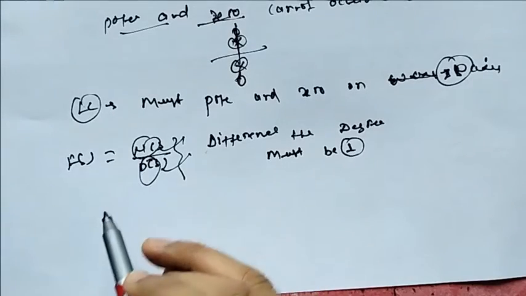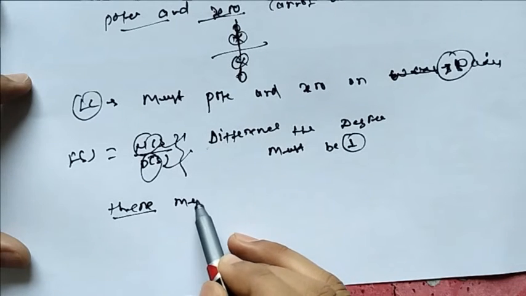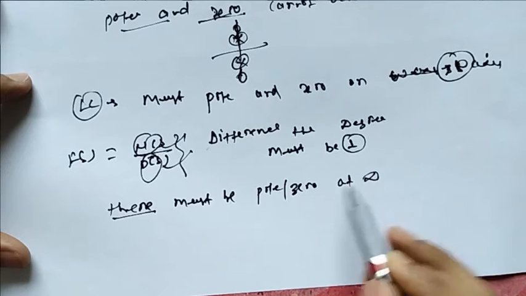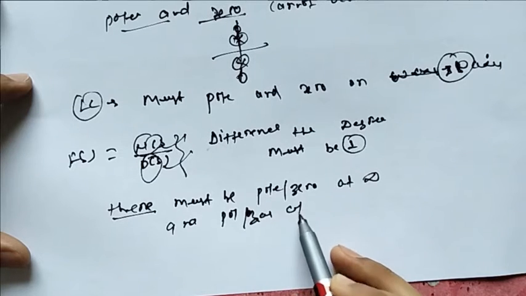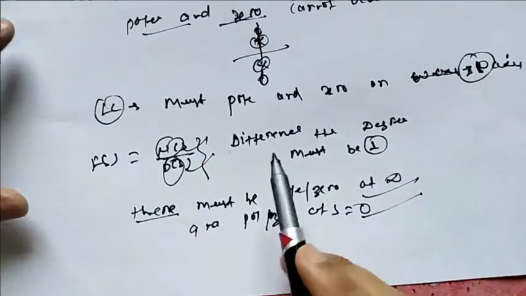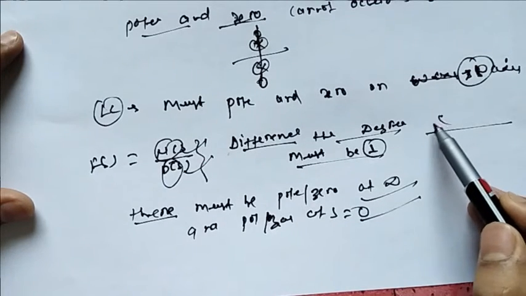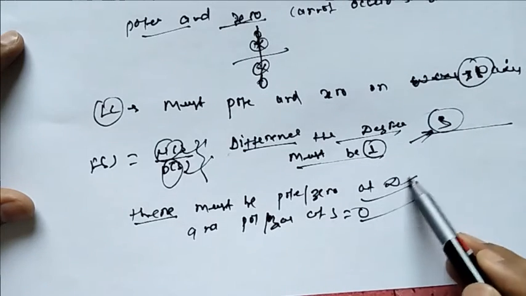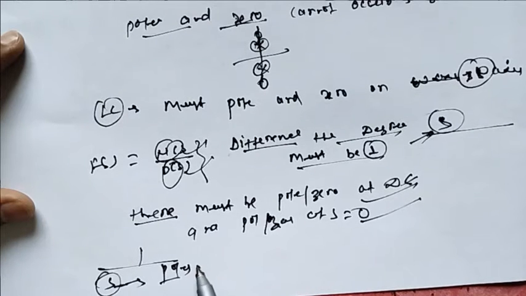When there is a difference in the degree, then there must be a pole or zero at infinity, or a pole and zero at s equal to 0. So these conditions are fulfilled by the fact that the difference of the degree must be 1. If the degree of the numerator is greater by 1, suppose an s factor is there, it means we have a zero at infinity, and if the denominator degree is more, it means we have a pole at infinity.